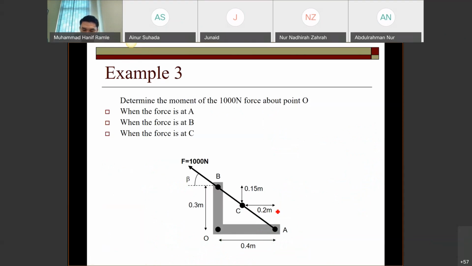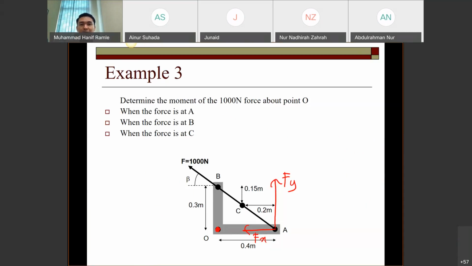So we have two different components, and we have to refer to the point that we are calculating, which is point O. You are calculating moment about point O.